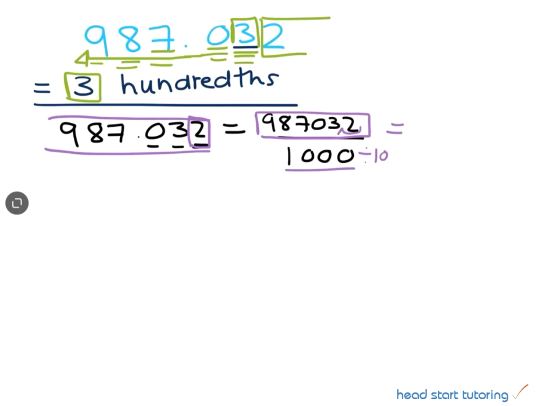So we've got 98703.2 hundredths if we were to divide both the numerator and the denominator by 10. So because our denominator is now 100, we don't want a fraction of a hundredth, so we don't want 0.2 hundredths.